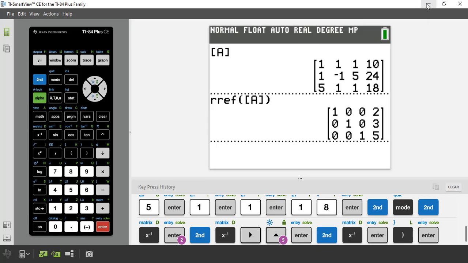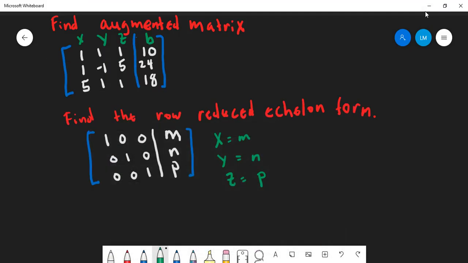So what that means is that we found our matrix when we row reduced it. We figured out that the row reduced form of it is 1, 0, 0, 0, 1, 0, 0, 0, 1, followed by a 2, a 3, and then a 5.